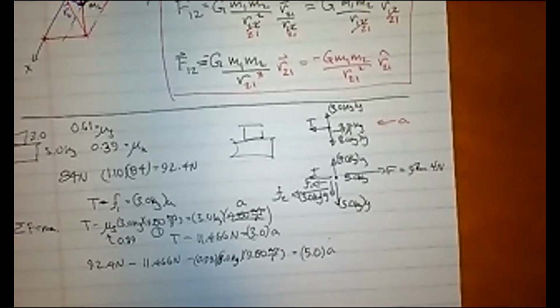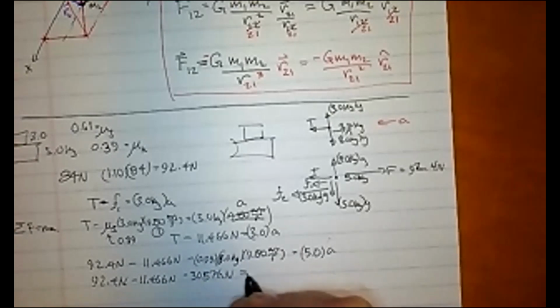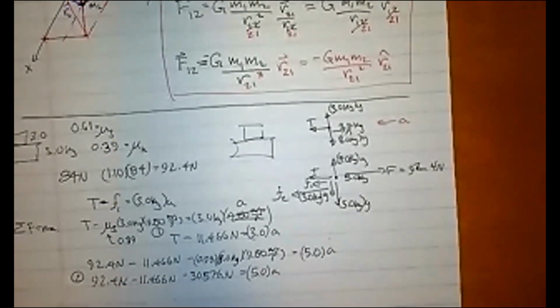So let me do that math. 0.39 times 8 times 9.8. So I got 92.4 newtons minus 11.466 newtons minus 30.576 newtons is equal to 5.0 times A. This will be equation 2.